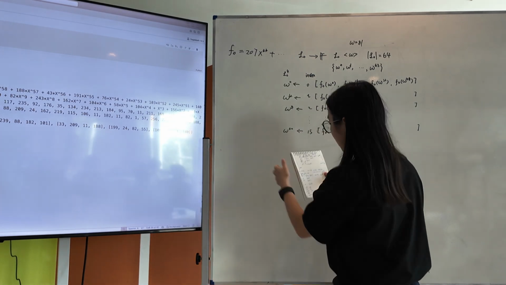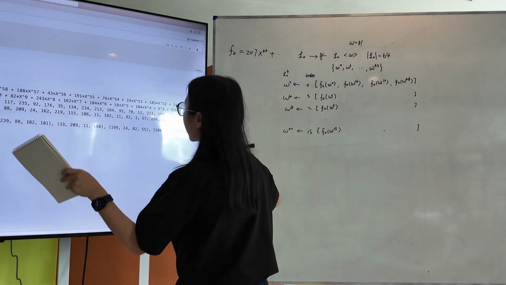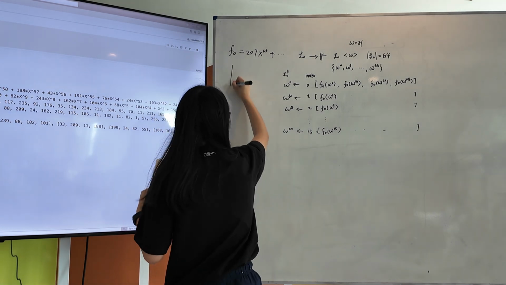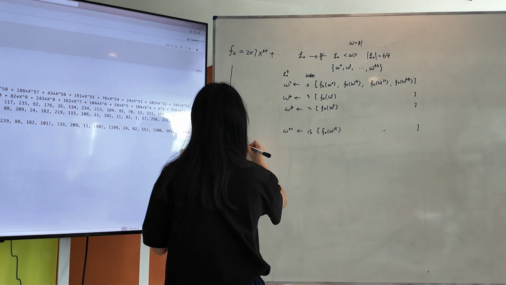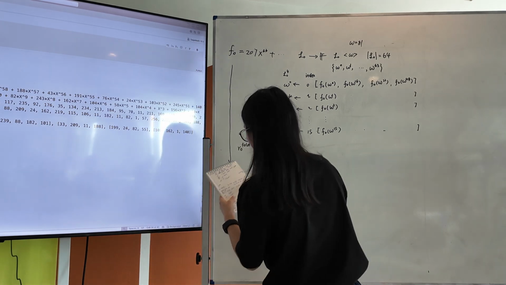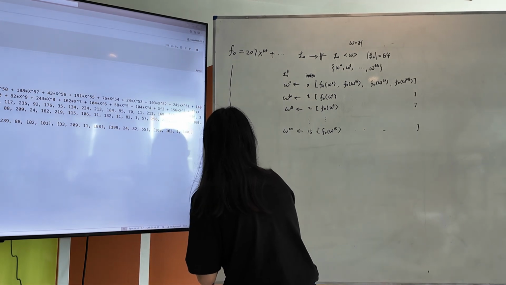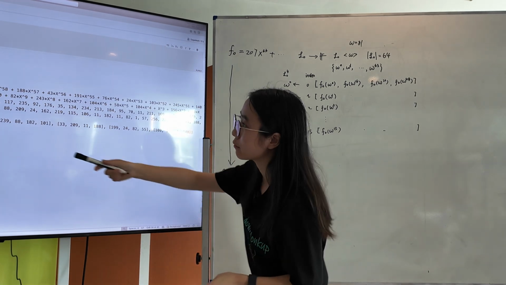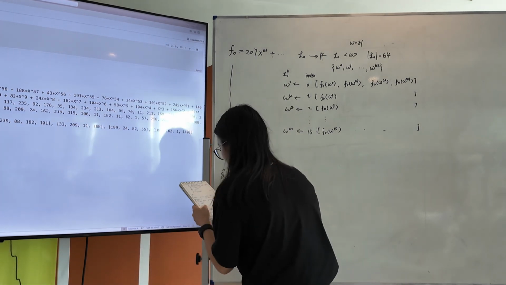And the next step, we fold F0. We choose a random R0 fold. We get G(x).